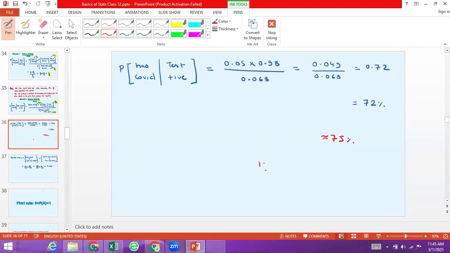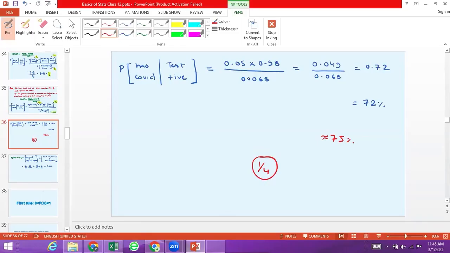It means that 1/4 of the cases, 25% of the cases, actually were wrong. When someone was getting tested positive, that doesn't mean that the person actually has COVID. 25% is a very big number, right? Especially when the government is claiming the testing kit is 98% accurate.